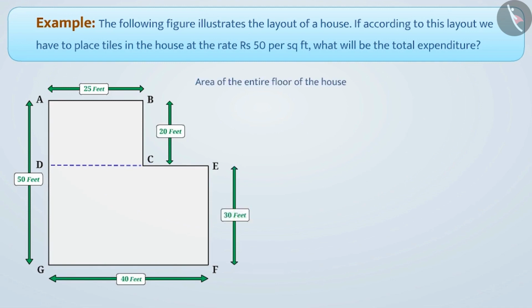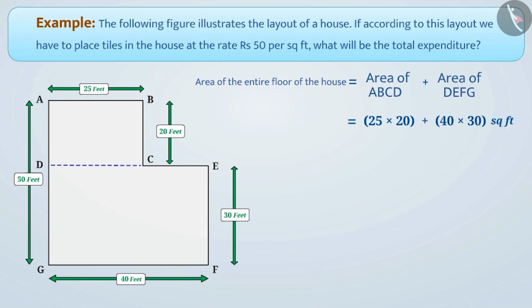Area of the entire floor of the house is equal to area of rectangle ABCD plus area of rectangle DEFG, which is equal to 25 multiplied by 20 plus 40 multiplied by 30 square feet, which is equal to 500 plus 1200 square feet, which is equal to 1700 square feet.